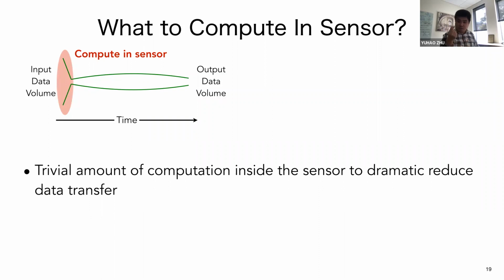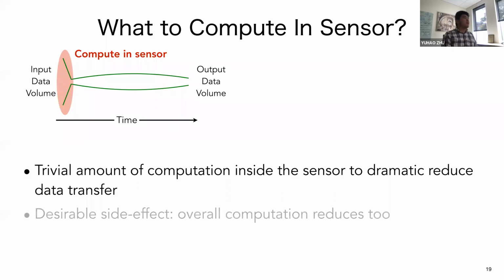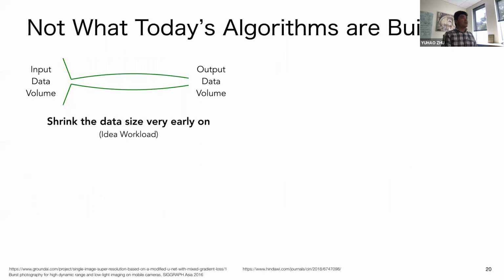It allows you to do just a little bit of computation so that the inefficiency is not going to matter too much, but that allows you to reduce the data volume by, let's say, orders of magnitude, so that you can reduce the data transmission overhead. A desirable side effect of this pattern is that since you shrink the data volume early on, the overall computation reduces as well, right? So this is the ideal algorithm pattern that can benefit from in-sensor computing.